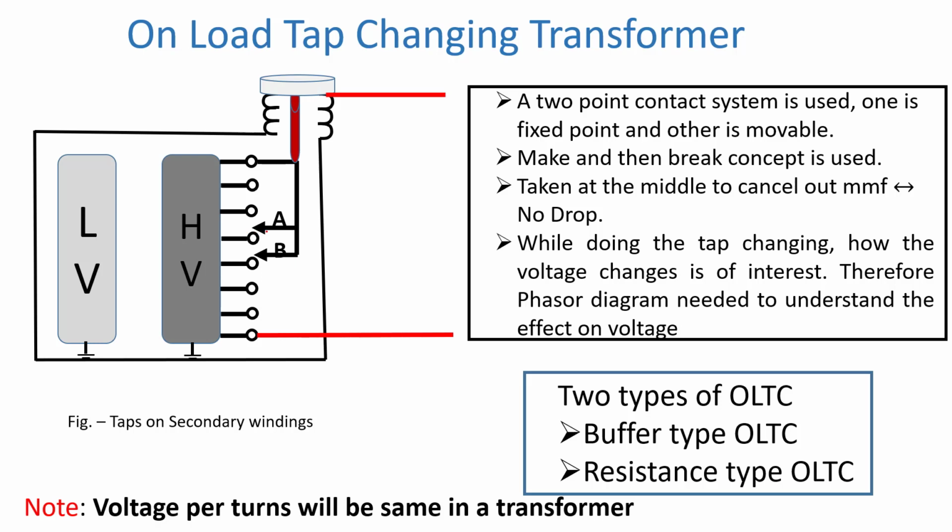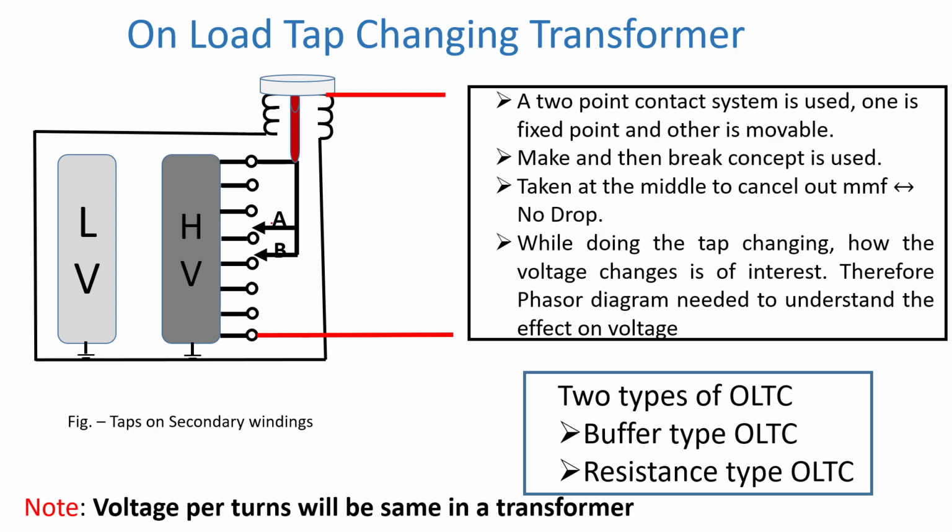So here is how these connections are made. There are two arms. Before making the new connection, the existing one will not be broken. One of the arms will move and touch the next tap, and after it gets connected, only then will we lift the other one.